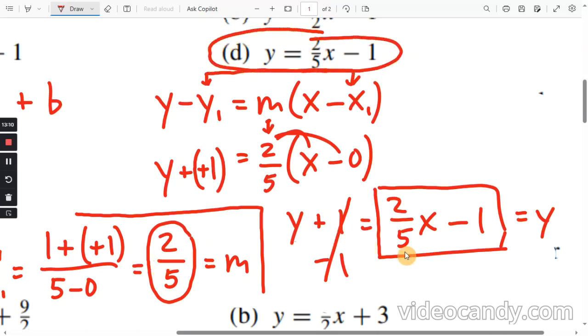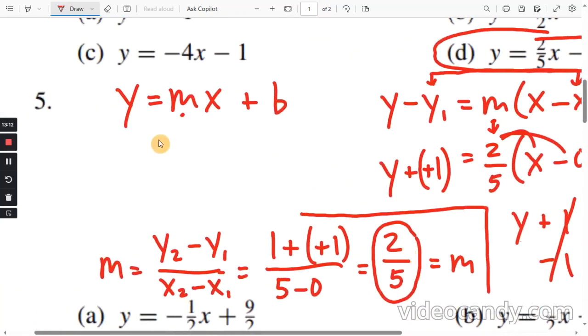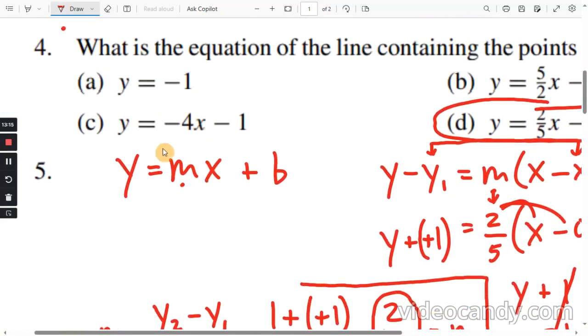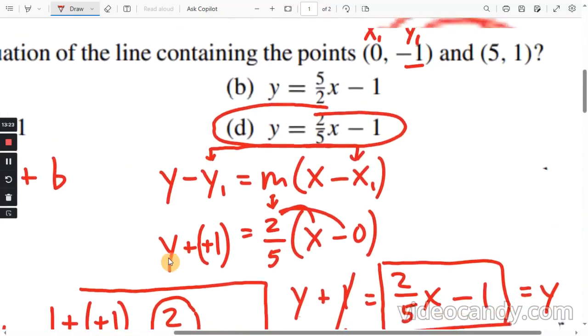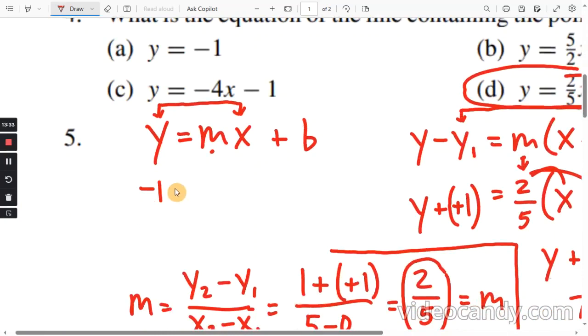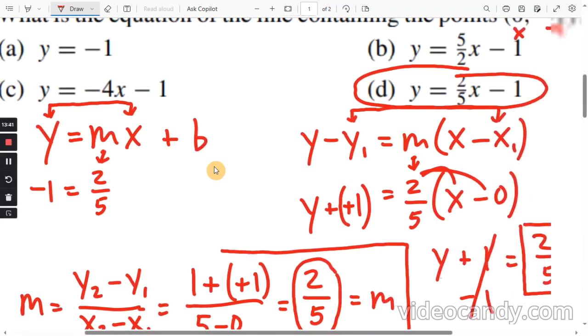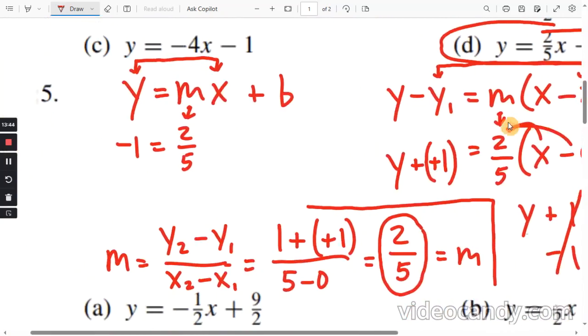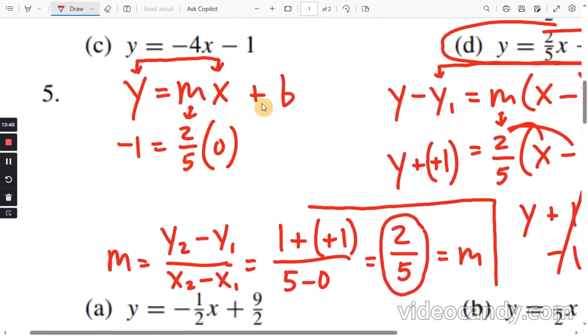Now, if you don't like point slope form, you can do it this way as well. You have to plug in the point at y and x. This would be your x, and this would be your y. You can use either point once again. So we said y is -1, the slope m is 2/5, and the x was 0, and that's plus b.